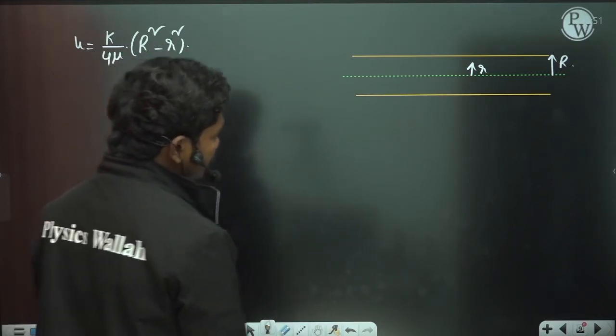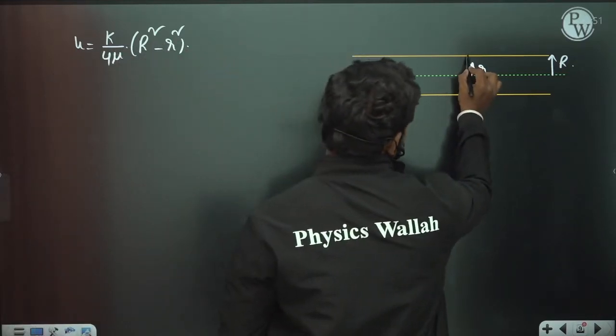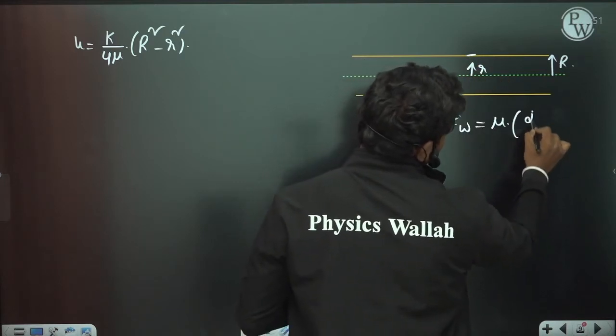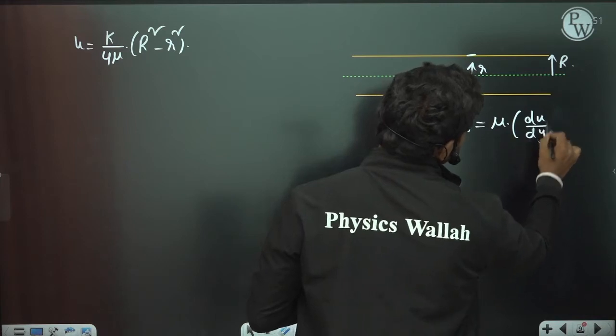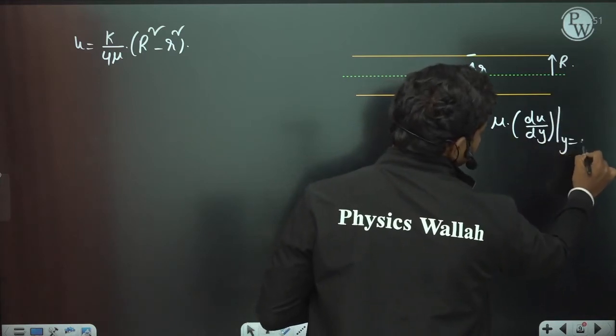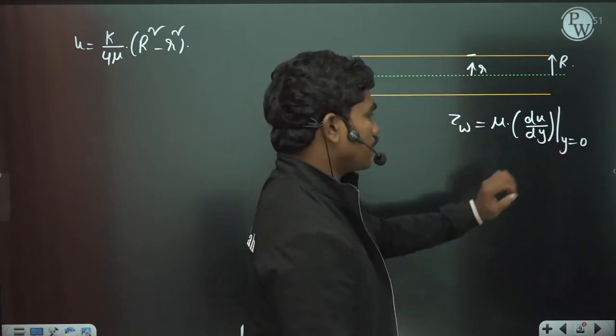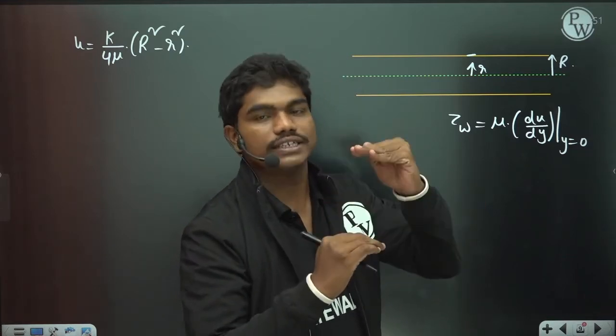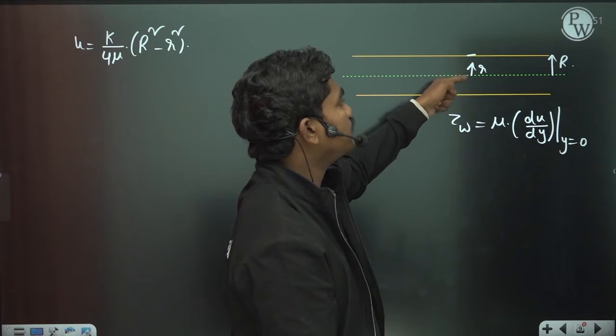So basically if you want to write the shear stress at the wall, how do you write this? Tau W is equal to mu into du by dy at y is equal to 0, normally. But in this expression, y is always measured from the plate, meaning from the solid surface. Here this is fluid.